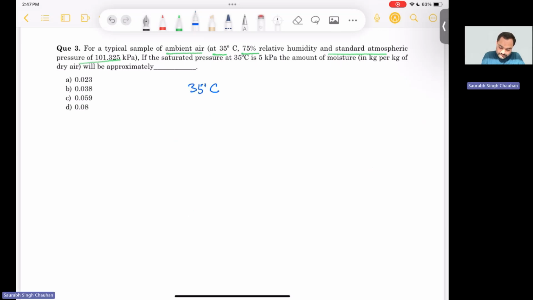So we have moist air at 35 degrees Celsius, 75% relative humidity, and pressure is 101.325 kilopascal. This is atmospheric pressure, that is the total pressure, right? Total pressure means partial pressure of dry air plus partial pressure of water vapor.